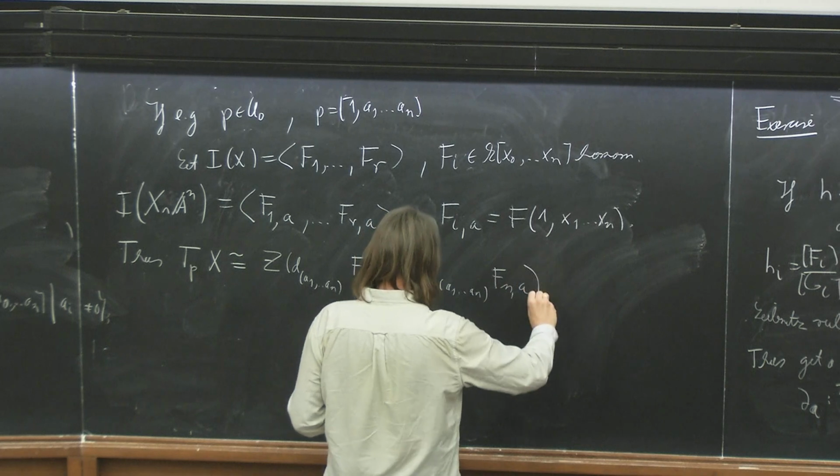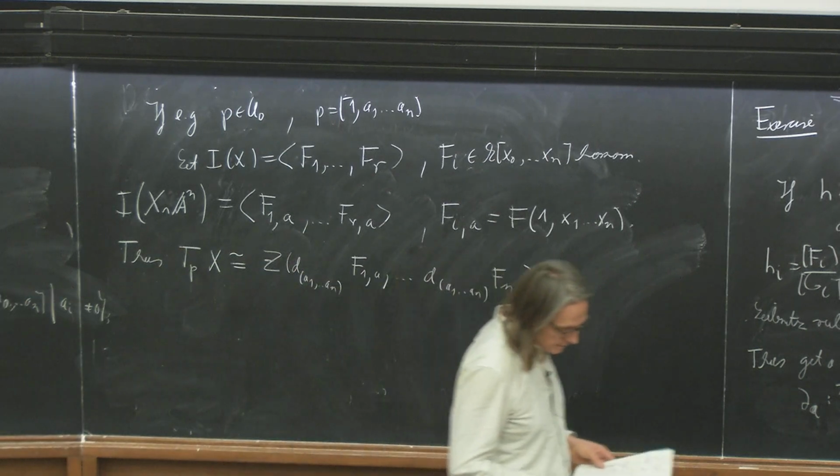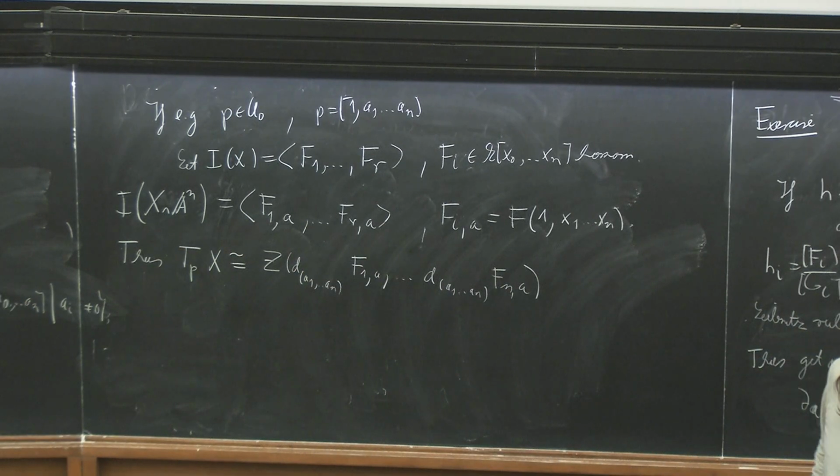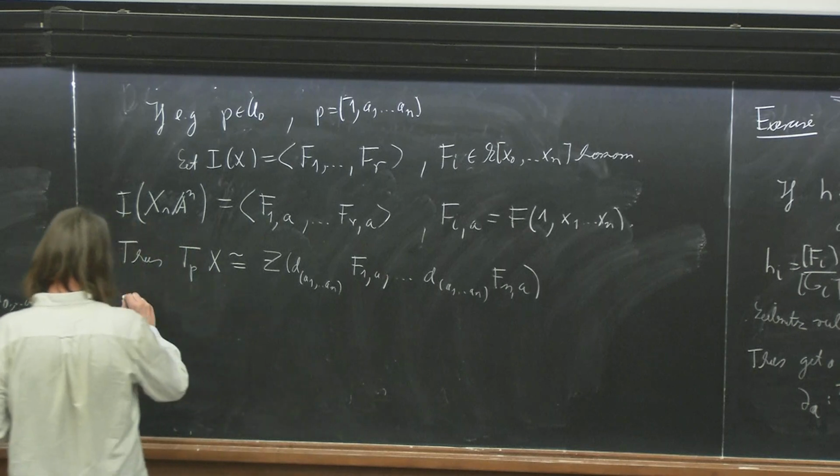Okay, so everything is very explicit and can be done quite simply. And you can compute in the projective case in the same simple way as in the affine case. So let's just look at one little example.